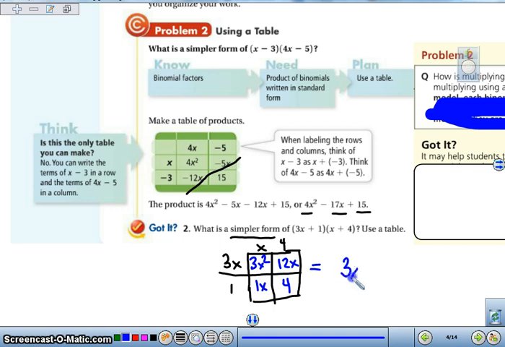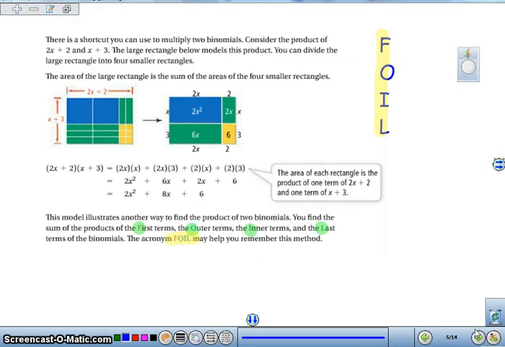In descending order, we start with our 3x squared, add along your diagonal, 1x plus 12x gives us plus 13x, and then plus 4. Now, as you look at this problem and you look at the answer, within the next week or so, we're going to start with this question and move back to this answer. That's called factoring, that I was talking about today as we factored greatest common factor in class.